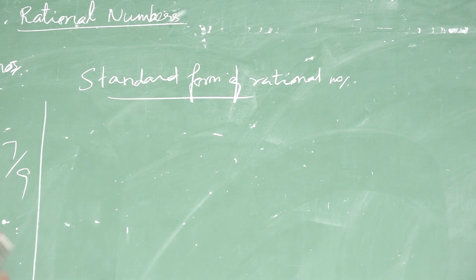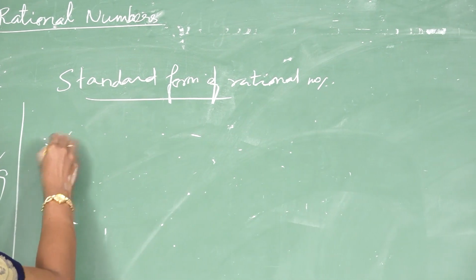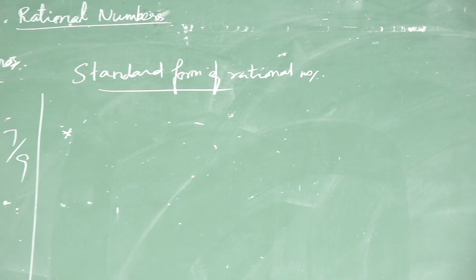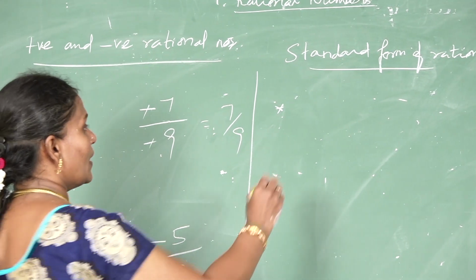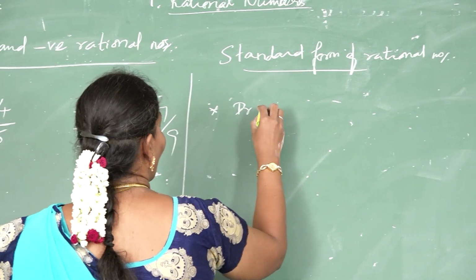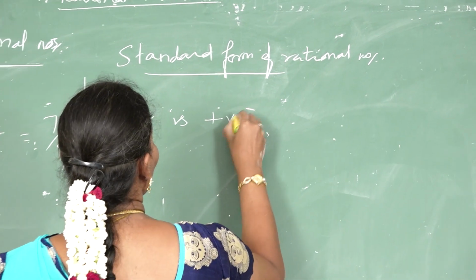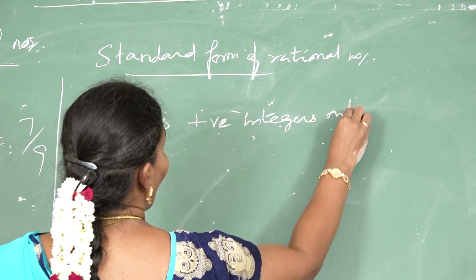So what is the standard form of a rational number? The first condition is the denominator is a positive integer only.